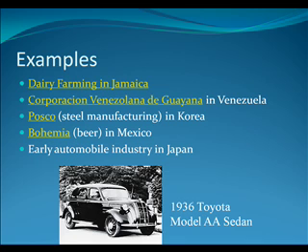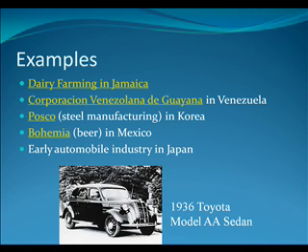Examples of this policy in practice would be dairy farming in Jamaica, and you'll recall that that's discussed in the film that we're seeing in class called Life and Debt. There's the example of the Corporación Venezolana de Guayana, which is an effort to basically replace the foreign oil companies with a domestic oil company there.